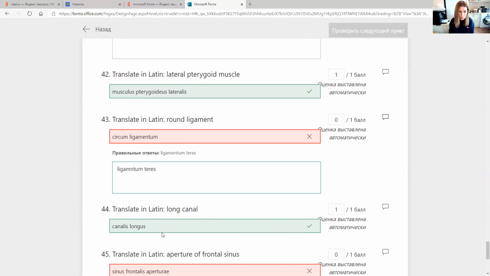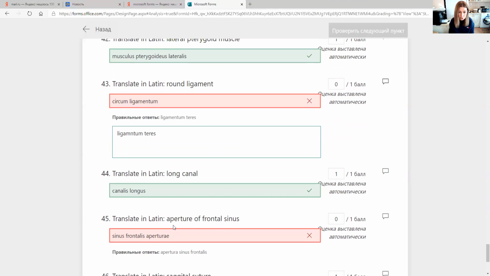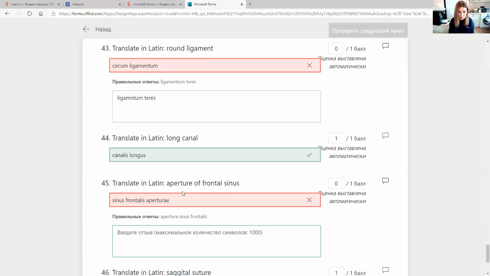Long canal, absolutely correct translation. Canalis is masculine, so we use longus. Canalis longus. The next, aperture of frontal sinus. Here you can see mistakes in the cases and in the word order. What aperture? It's nominative case. Aperture of what? Of frontal sinus is genitive case.